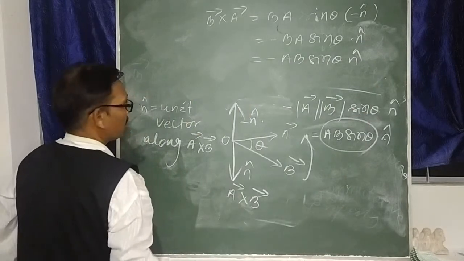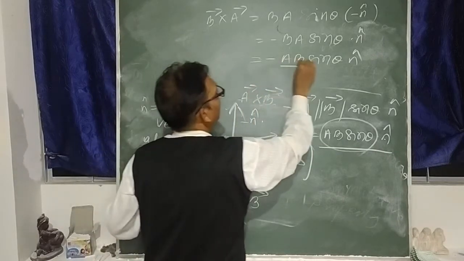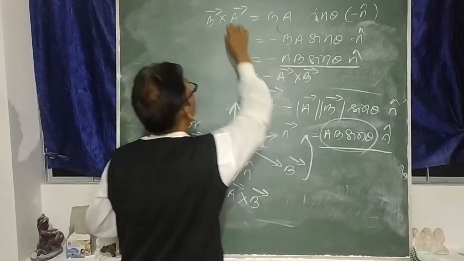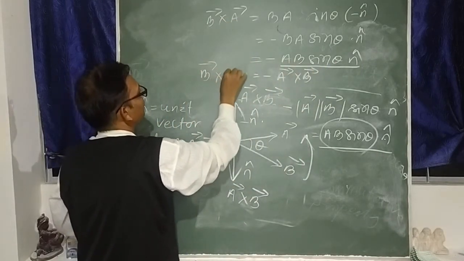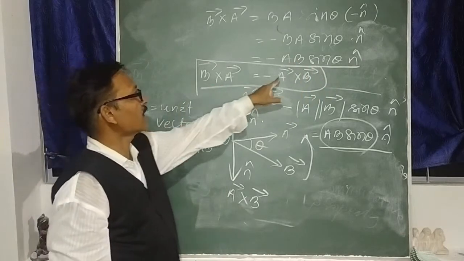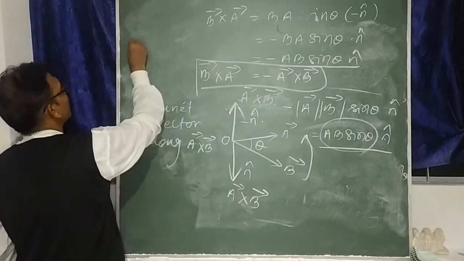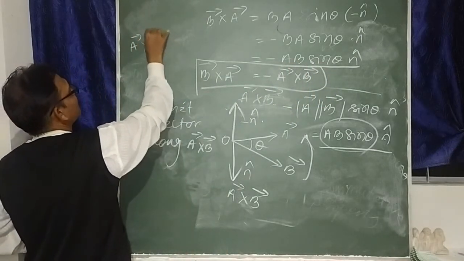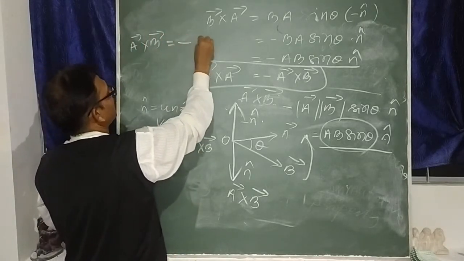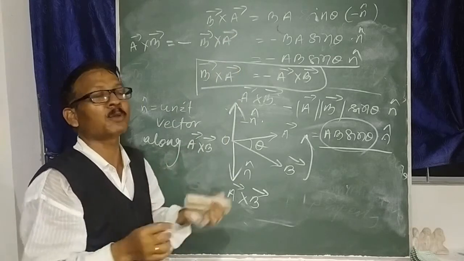You see, AB sin theta n cap is called your A cross B. So this is minus A cross B, and the left side is your B cross A. So B cross A is equal to minus A cross B. If you exchange A cross B to B cross A, then it takes a negative sign. So it cannot be reversed. It is not commutative.